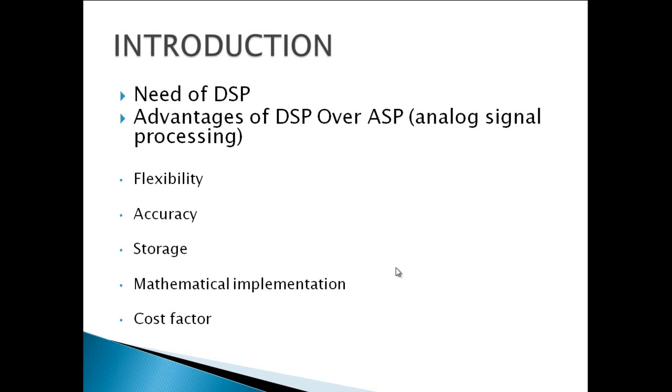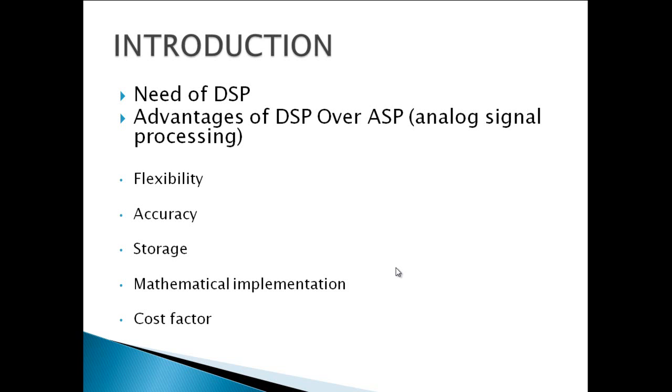Now, what is the difference between analog signal processing and digital signal processing? When a signal is analog, it's analog signal processing. When a signal is digital in nature, it's digital signal processing. Now, all of us know that a computer is a digital machine.